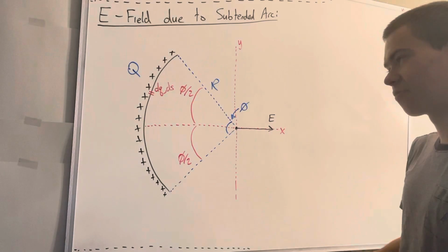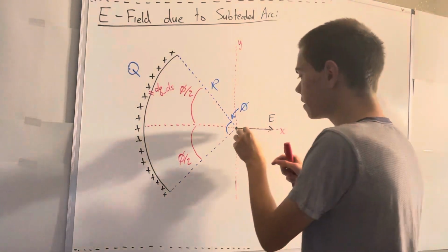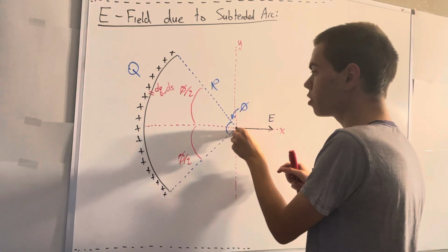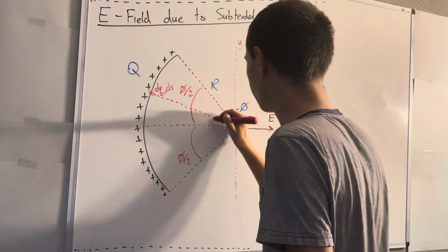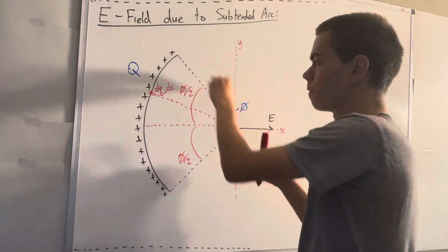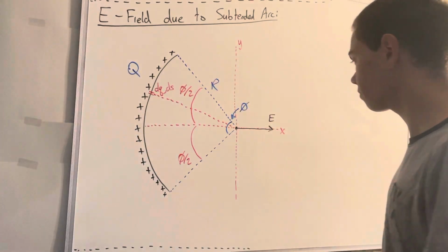Now, the distance from our point of interest to that point charge is this distance right here, which is still the radius of our arc. So we don't really have to label it.